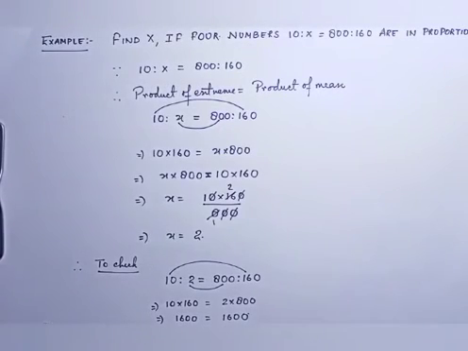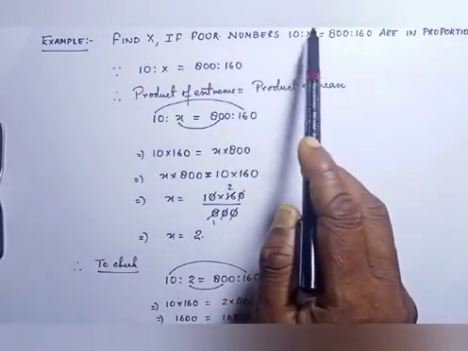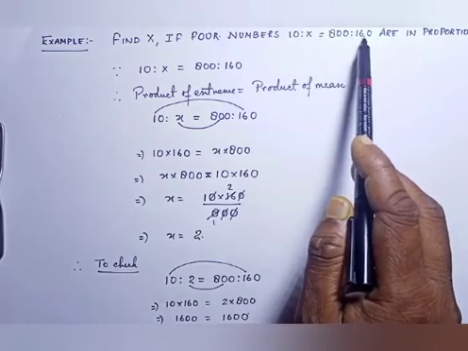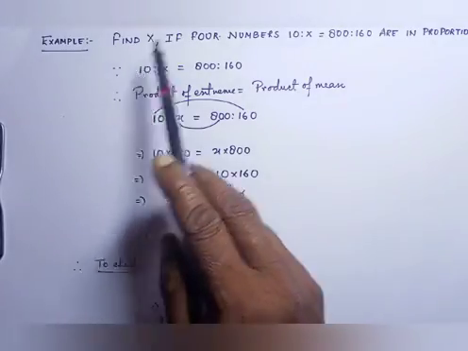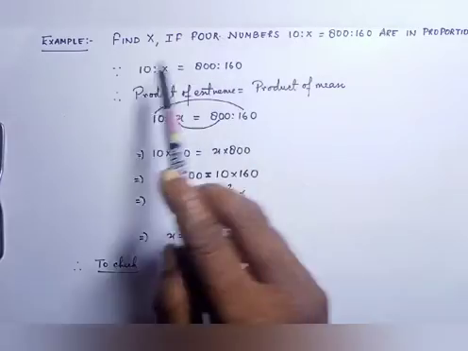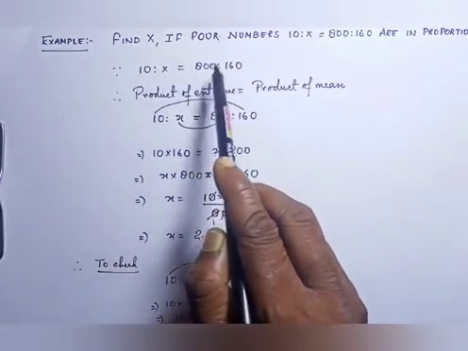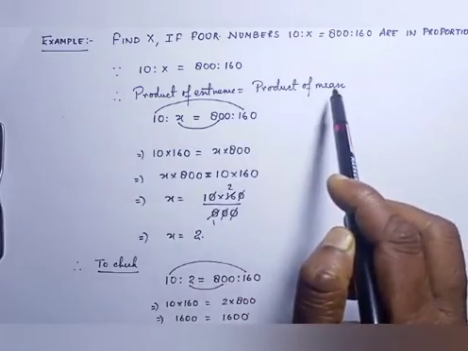Let us see one more example. Find x, if the four numbers 10 is to x is equal to 800 is to 160 are in proportion. As we all know, product of extreme is equal to product of mean.